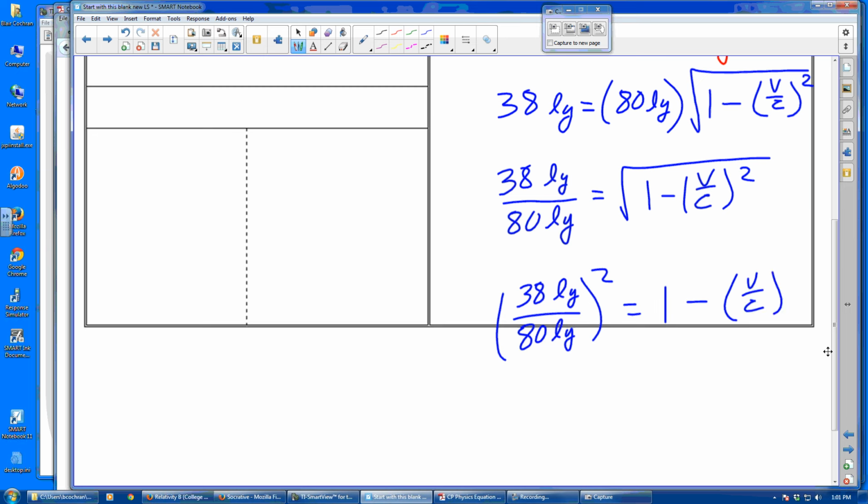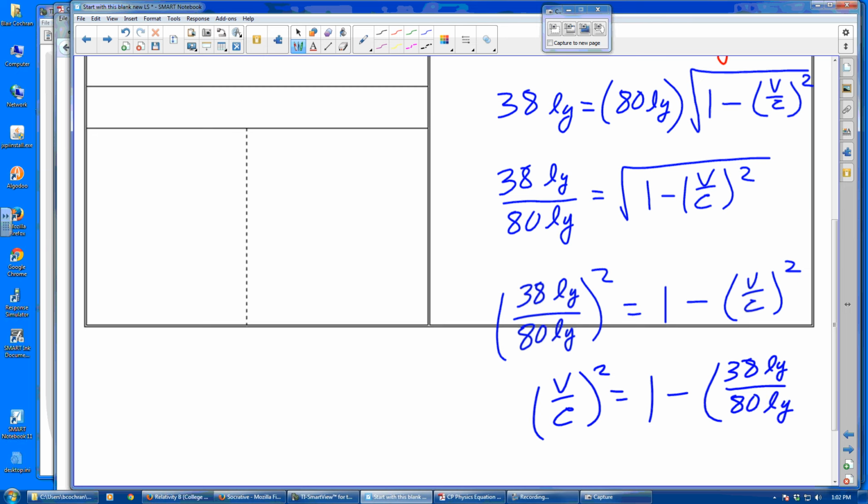Square both sides. Then get... What do you need for the problem?